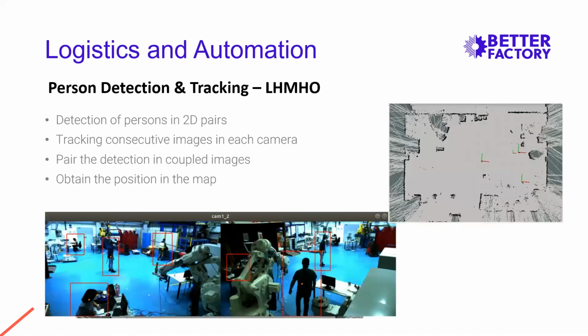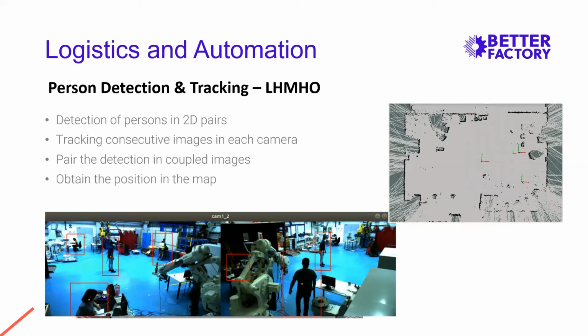So we have the local heat map of human occupancy, with the stereo pairs tracking consecutive images on each camera and performing the pair detection in the couple of images. We have to identify who is who in terms of multi-person detection. This is the tricky part. Detecting a person is quite easy.